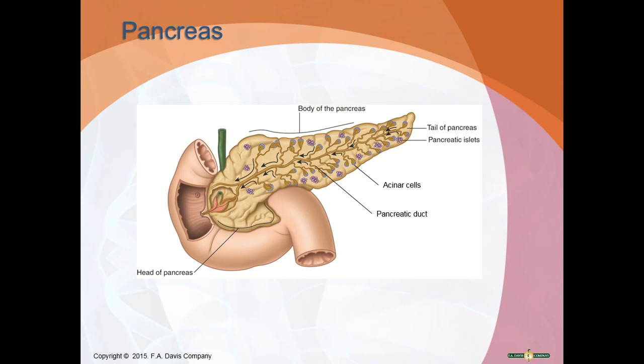It does such a good job that the gastric juice is very acidic, but pancreatic juice is very alkaline. Duct cells, so the sodium bicarbonate buffers that and makes it alkaline. The ducts converge on the main pancreatic duct, which joins the bile duct at the hepatopancreatic ampulla.